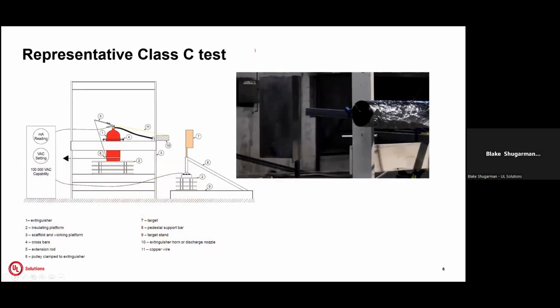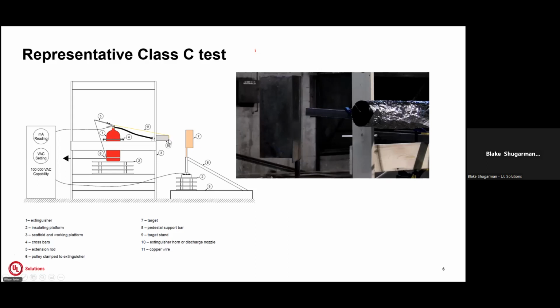This is a representative Class C test. Class C is to check for the electrical conductivity of the agent from the extinguisher. In the video, the item 7, which is the copper target, is located to the left right here.